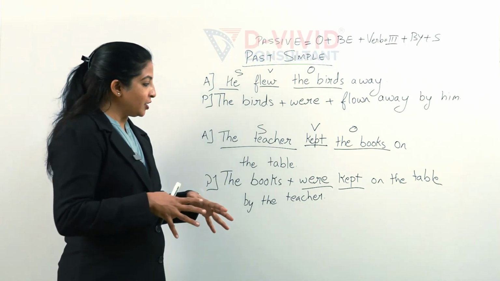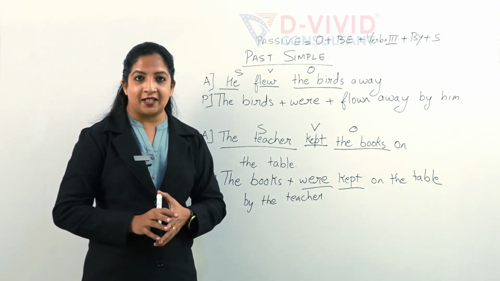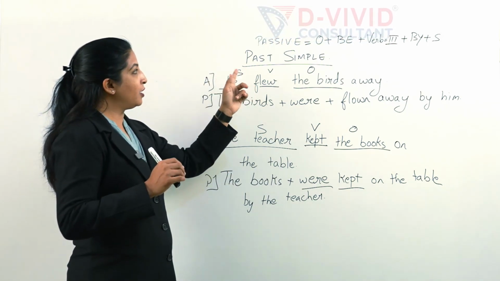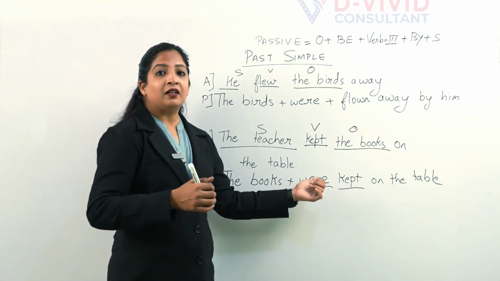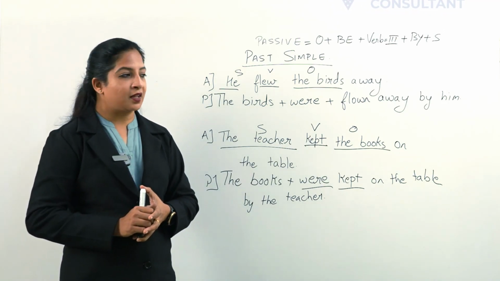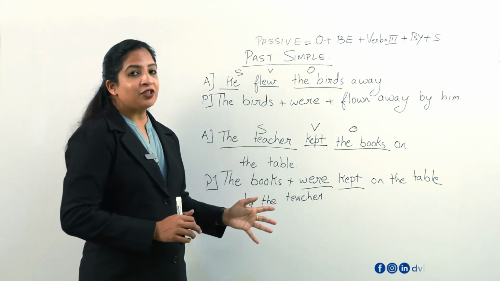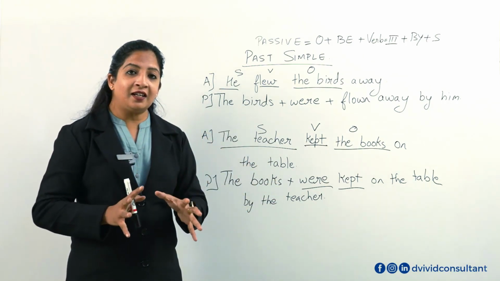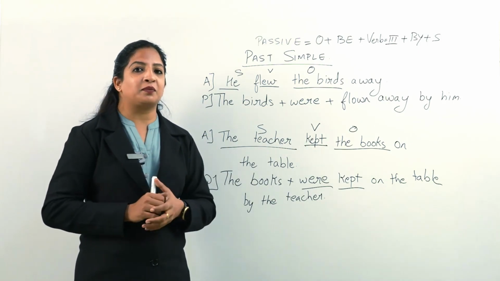If you are paying attention to the object of the sentence and you are writing in simple past, then make sure that you have included the correct form of be. So friends, I hope that this lecture has made your idea of the active and passive of simple past clear.